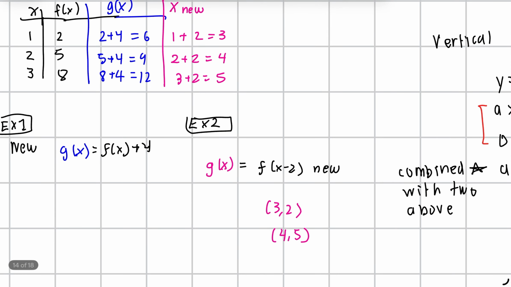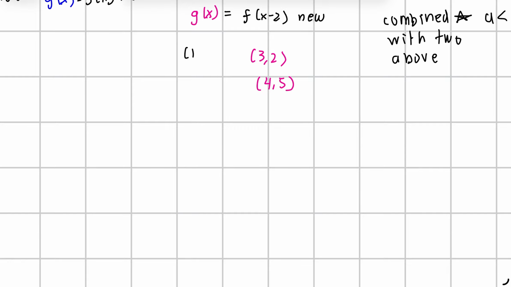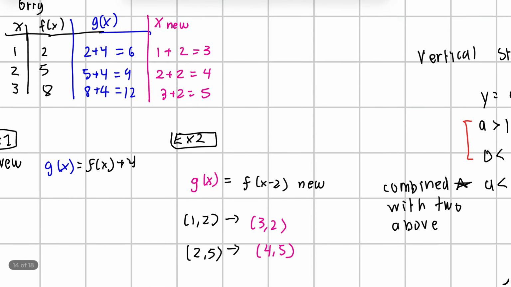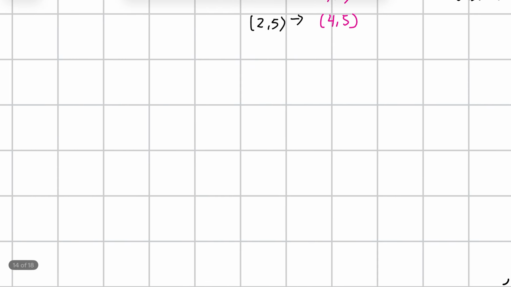We can see we have (3, 2) and then (4, 5) using those f(x) values. You had (1, 2), and then we had (2, 5). Makes sense.